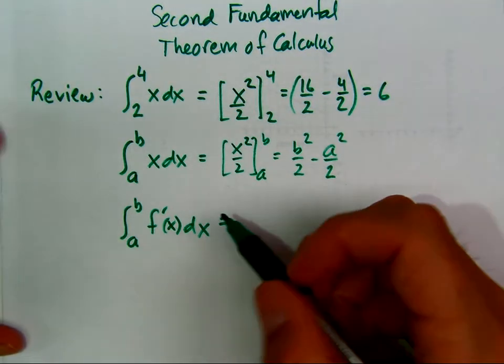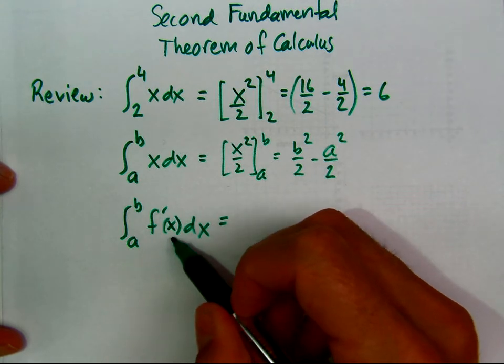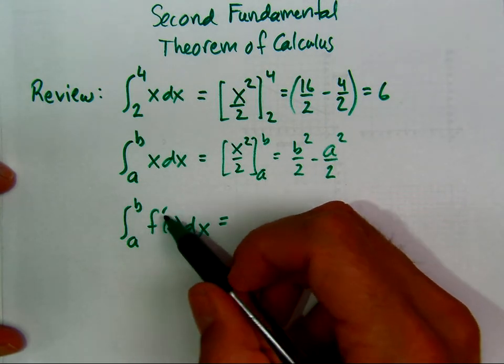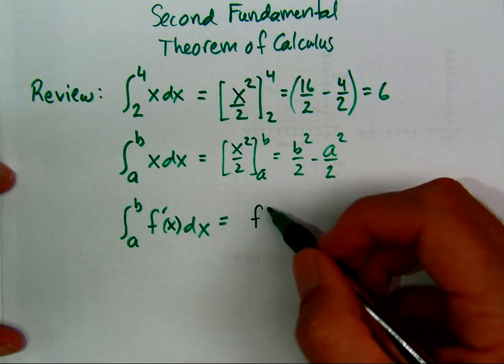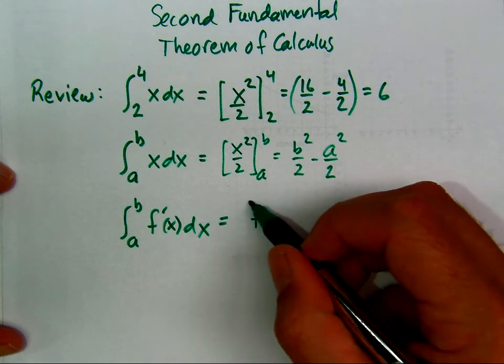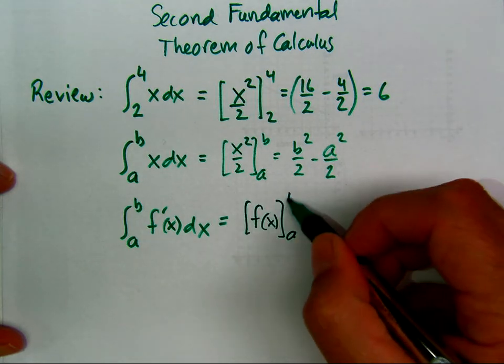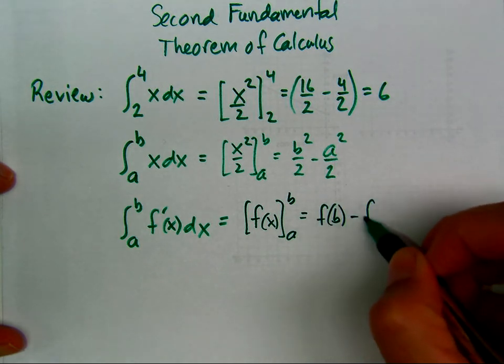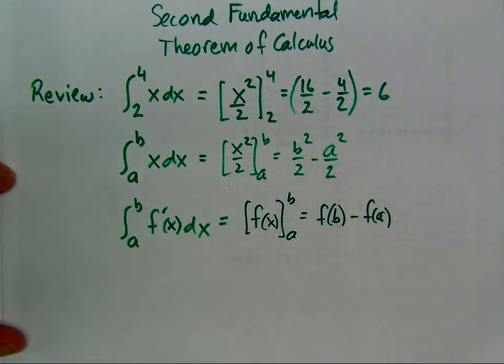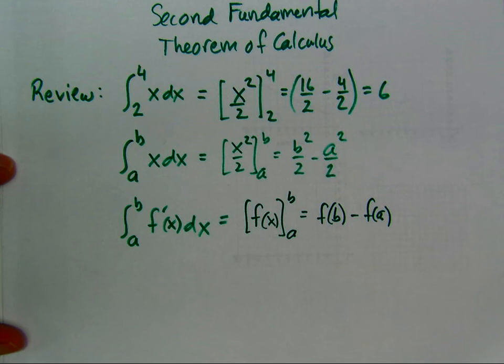And we could have function notation and just say, well, here's f prime, so the antiderivative of f prime is f. And then we'll evaluate it at a and b: F of b minus F of a. So all of this is what we'll call the fundamental theorem, and then what's next is the second fundamental theorem.